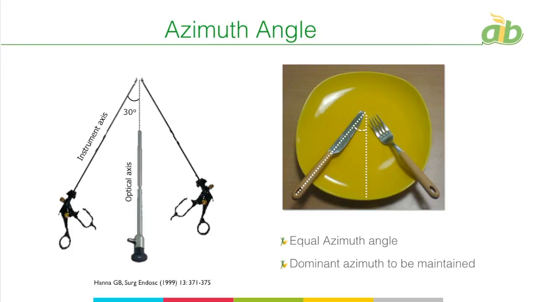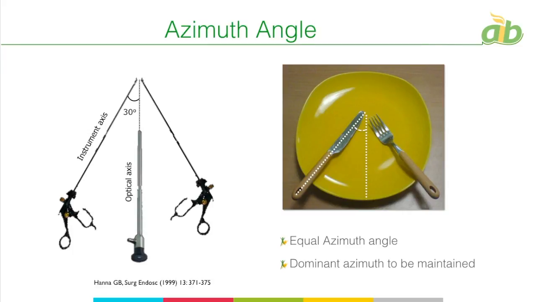When you talk about the best optimal performance, there should be equal azimuth angle between the dominant hand as well as the non-dominant hand, and this can be beautifully demonstrated in the picture on the right, which is the best task a human being performs in normal life, that's eating.